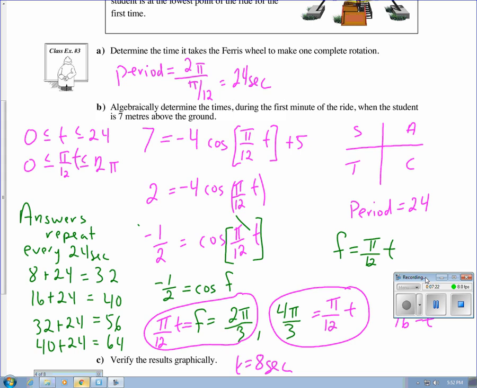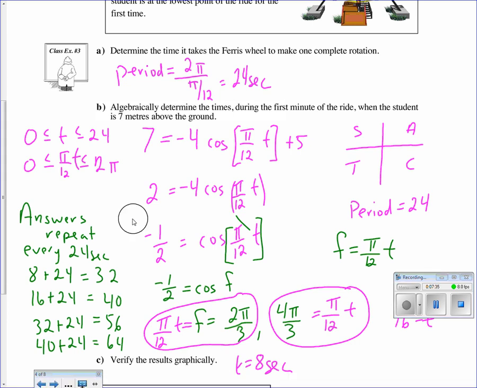I started with a little bit of algebra to simplify things. I subtracted the 5. 7 minus 5 is 2. Then I divided by -4, which is -1/2. And now I end up looking at a trig statement that's a little complicated, and I want to simplify my life.